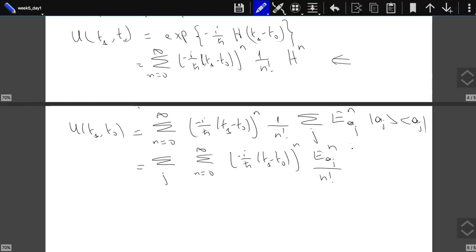These are the expectation values. And the frequency is nothing but E over h bar, E being the energy difference. So this is in general a property of non-energy eigenstates, non-stationary states.